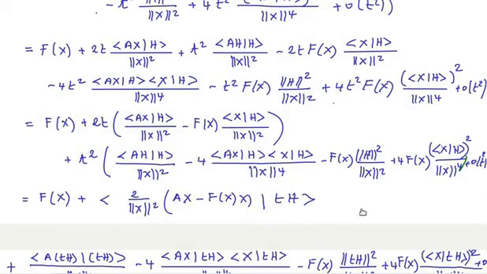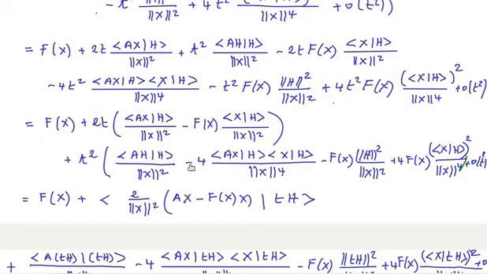Now note that this can be written f of x plus, we will bring the t inside the expression, placing it next to h as th. And so it will become 2 over the norm of x squared, which we factor out, times Ax dot th minus f of x times x dot th.